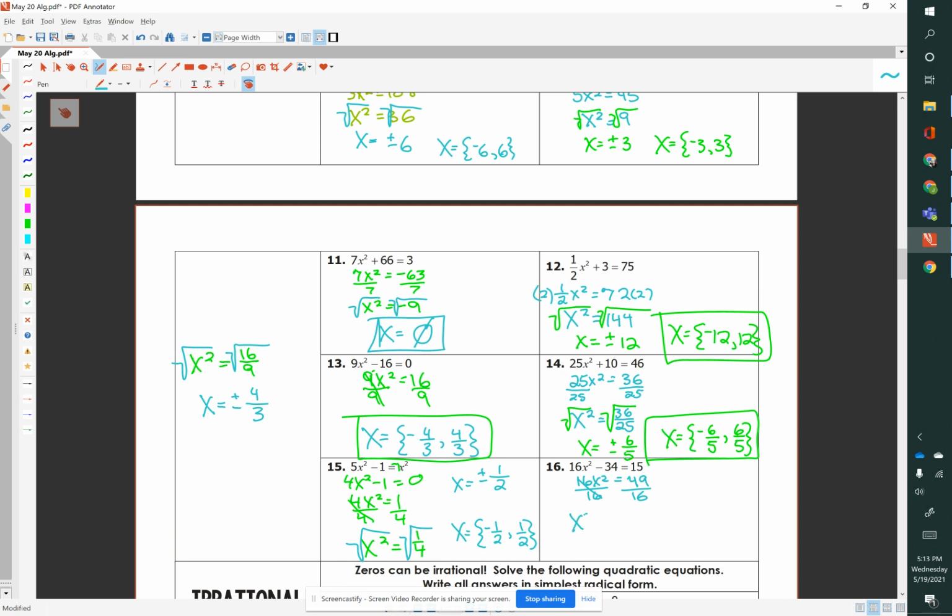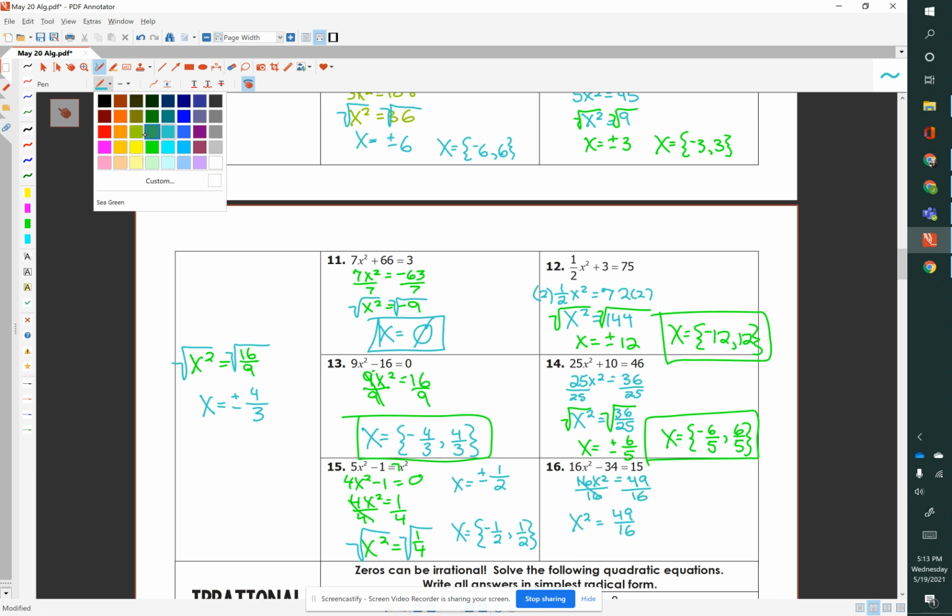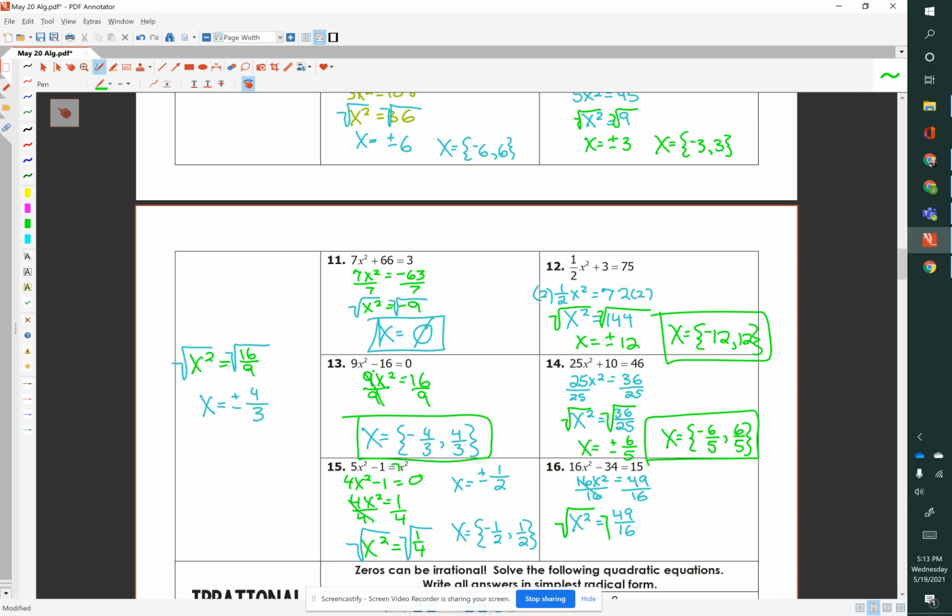So we have x squared equals 49 over 16. And we'll take the square root of each side, and x will equal plus or minus 7 over 4. And we'll write that in set notation.